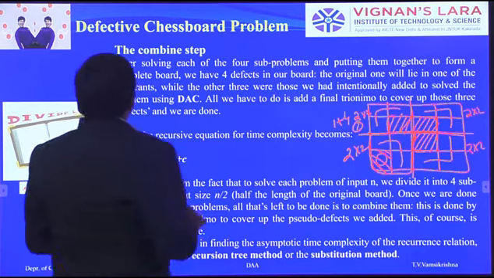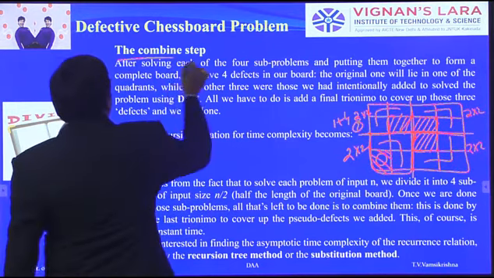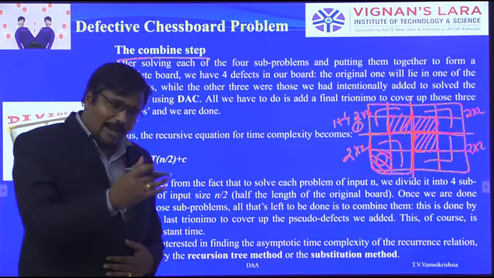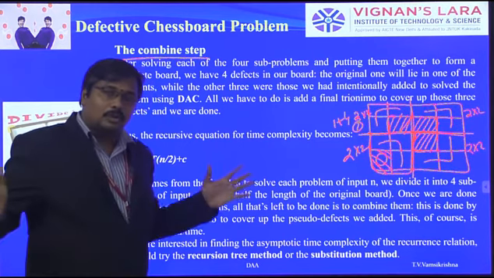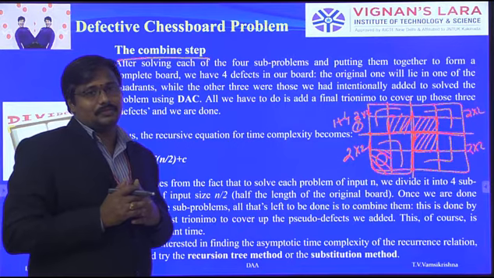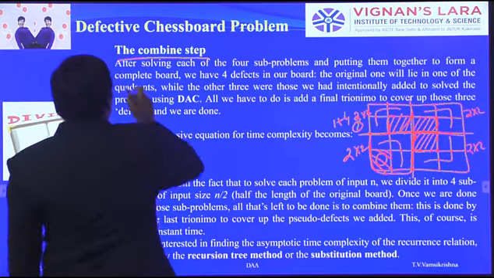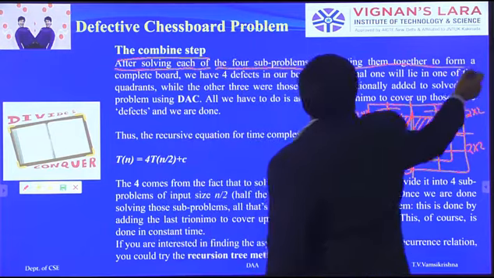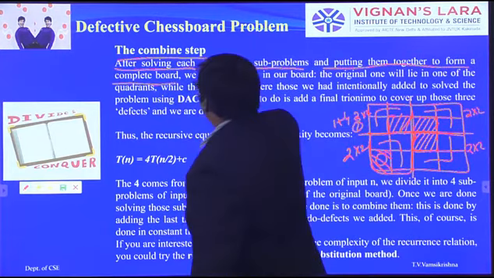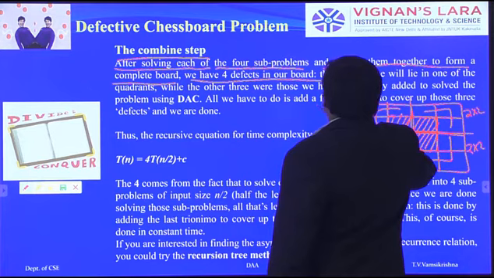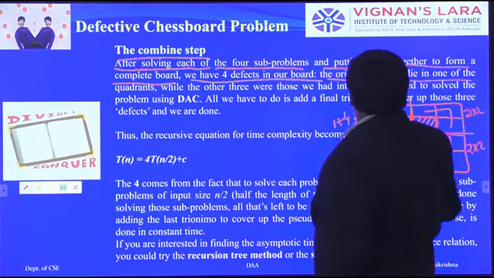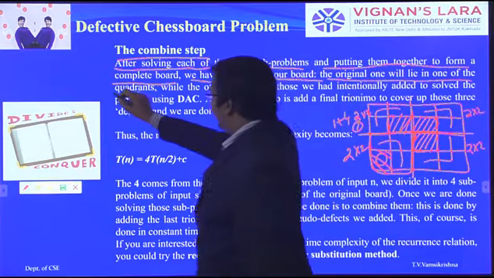Right? So, combine step. Previously we said divide, conquer and combine. So, how to combine the results? This is the last step. In the combining phase, after solving each of the 4 subproblems and putting them together to form a complete board, we have 4 defects in our board, and the original one lies in one of the quadrants.